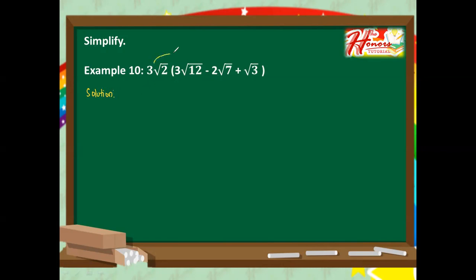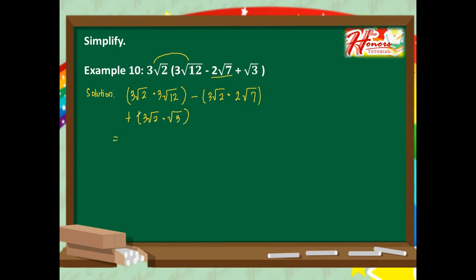So let's have this first. 3 times square root of 2, 3 square root of 2 times 3 square root of 12. And then minus 3 square root of 2 times this second term, 2 square root of 7, plus 3 square root of 2 times square root of 3.